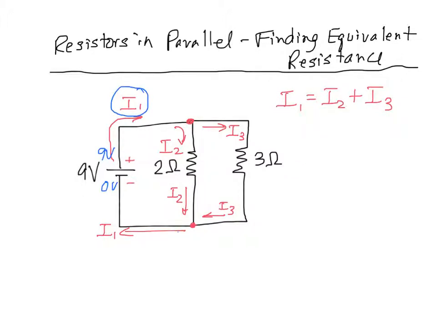Since there are no resistors between the positive terminal of my battery and this junction right here, there's no loss of energy, no drop in voltage. So if the positive terminal of the battery is at 9 volts, then this junction is at 9 volts.